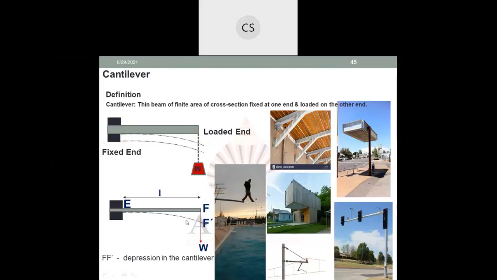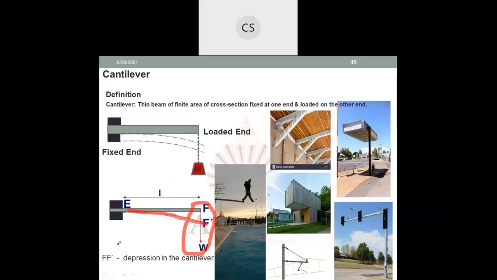So next, just now we have seen that whenever a cantilever is loaded, it undergoes depression. That dotted line is the depression line.